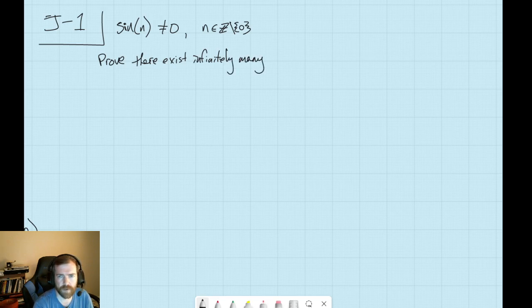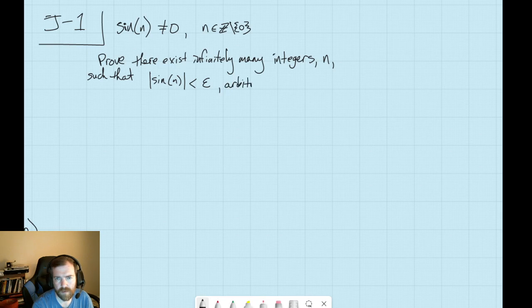Prove there exist infinitely many integers n such that the absolute value of the sine of n is less than some arbitrarily small epsilon, which is not 0 itself.